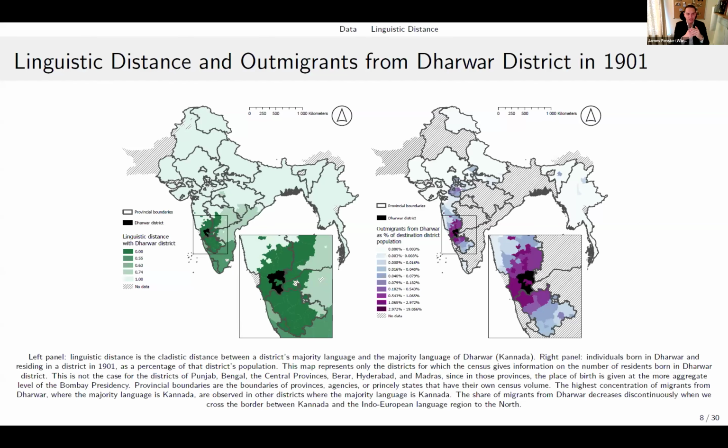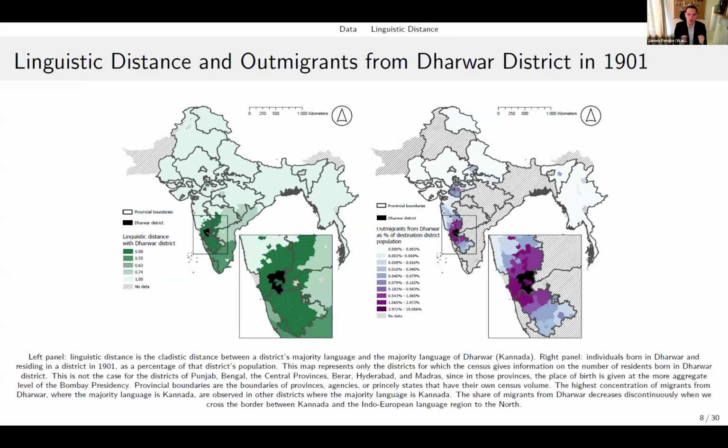And as you move south, you'll see that you get into lighter shades of green, but they're still fairly dark. You get into regions that speak languages like Tamil, languages like Malayalam, and they're still Dravidian. They are more similar to Kannada than are other languages to the north.